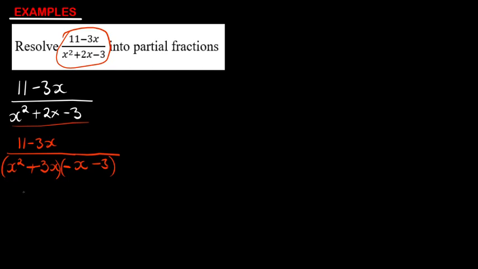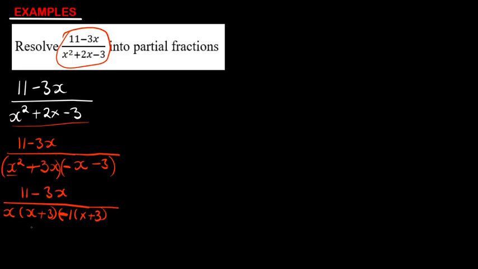Okay, what is the common factor there? The one which is common is x, so I'll factor out x, giving x times x plus 3. Then what's common? Negative 1, giving minus 1 times x plus 3.